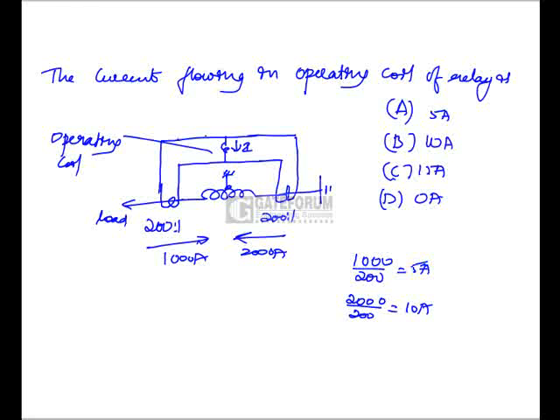That means the directions of current in the current transformer are 5 amperes and 10 amperes. So I is the summation of 5 plus 10, which is 15 amperes. So option C is the correct answer.